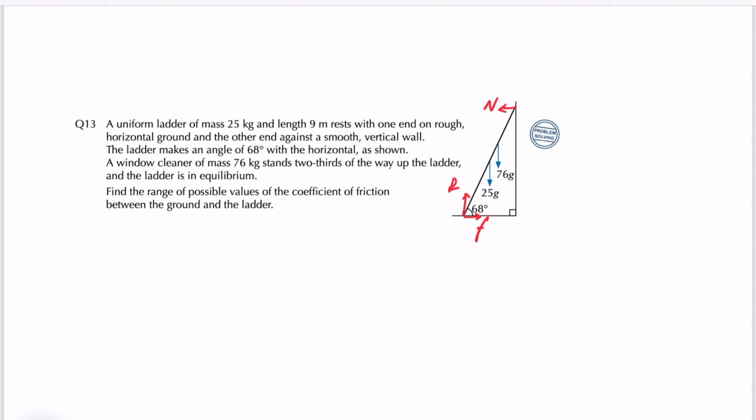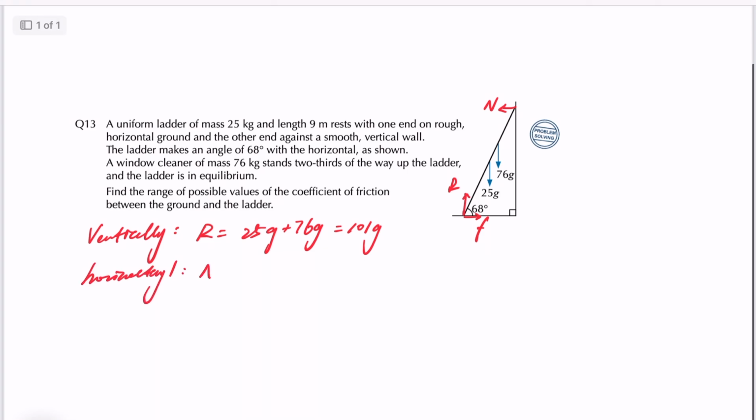First of all, let's write out the vertical force equation and the horizontal force equation. Vertically, R equals 25G plus 76G, which then equals 101G. Horizontally, normal contact force equals the friction.